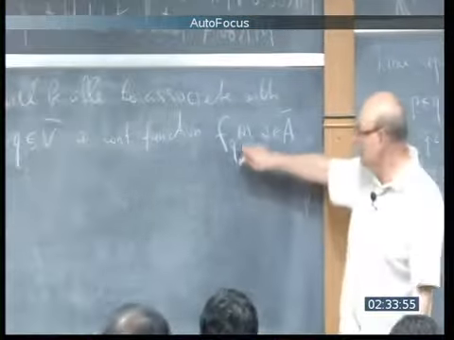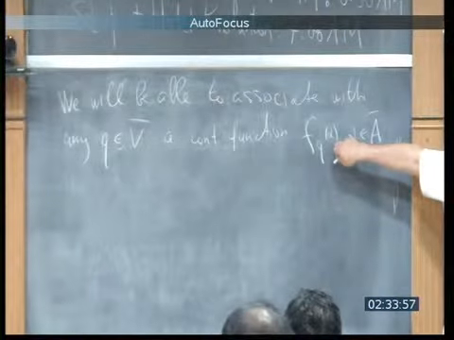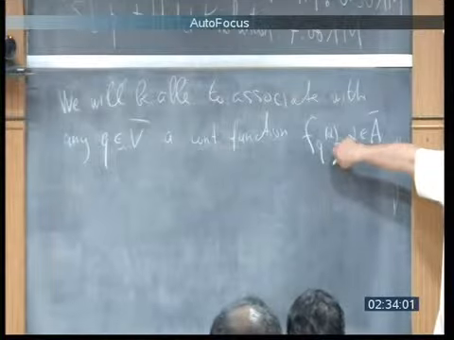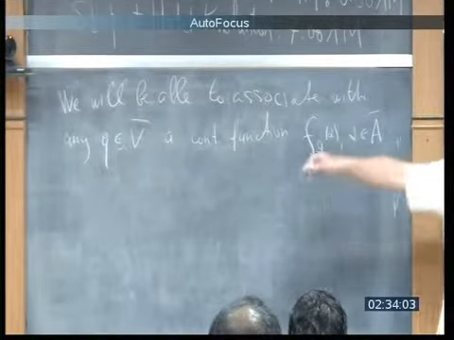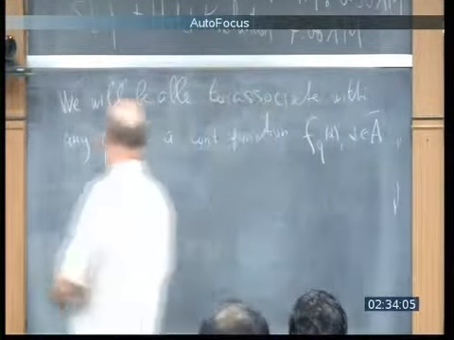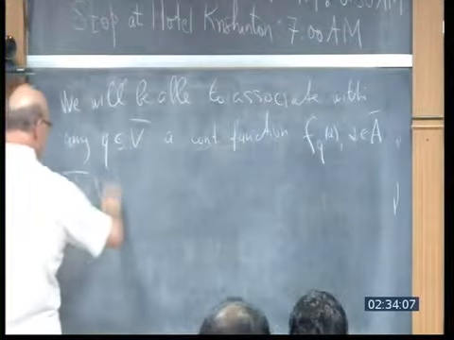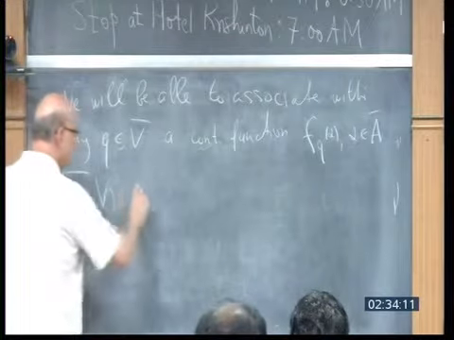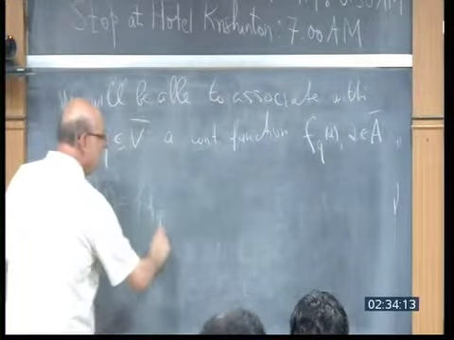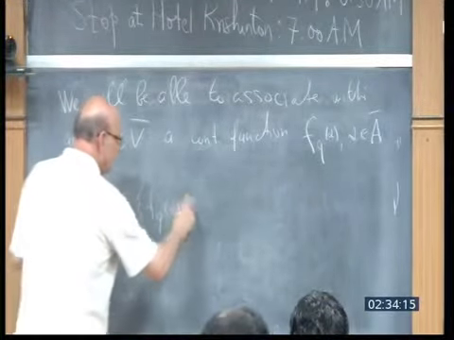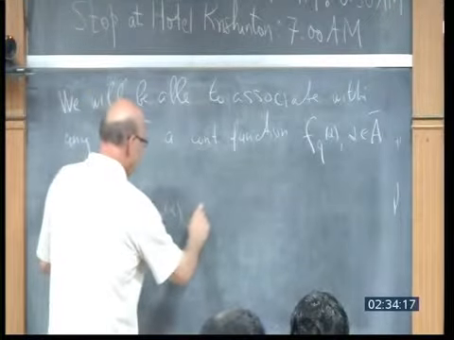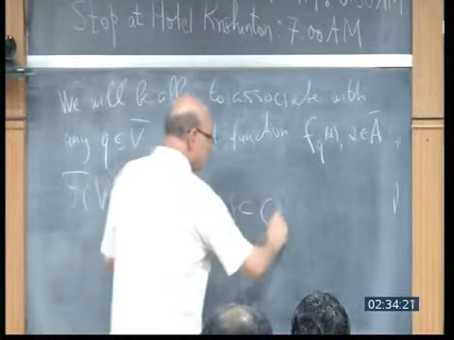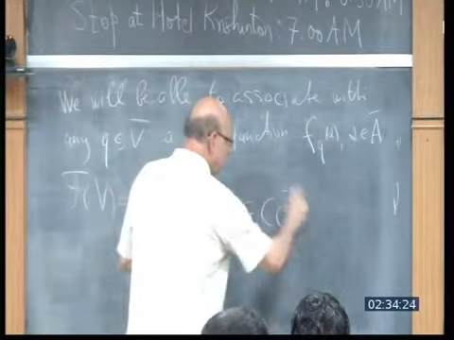And so you see, that's the point. You have Q, I build up a function on A. We have a point inside, we build a function on the boundary. And then we get a set of functions. So we get f of V, or if you wish f of V bar, the set of all f_Q of alpha when Q belongs to V, and that belongs to C of A bar.